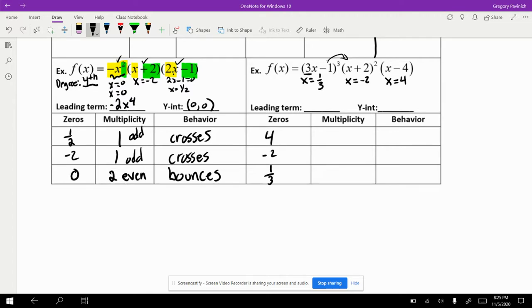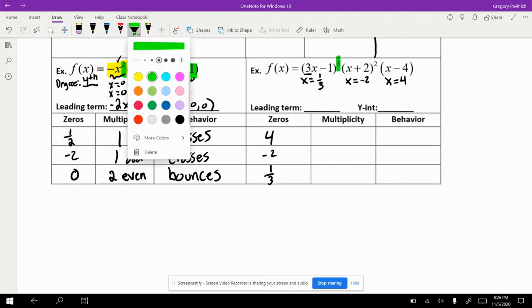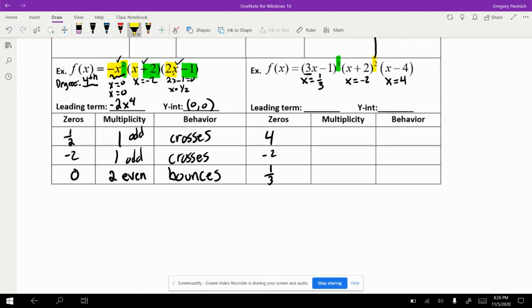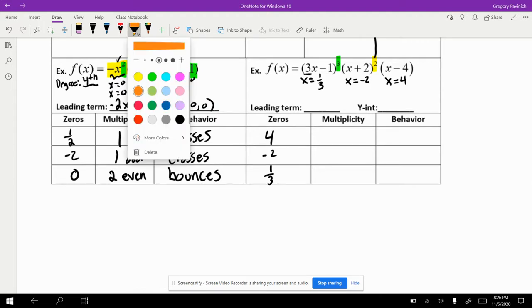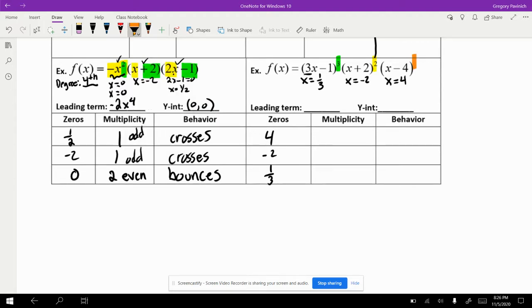Okay. So if you look at the power, sometimes these are written in exponential form. So we can tell that this one occurs 3 times, the next one occurs 2 times, and the last one occurs once. We just don't have the 1 there.